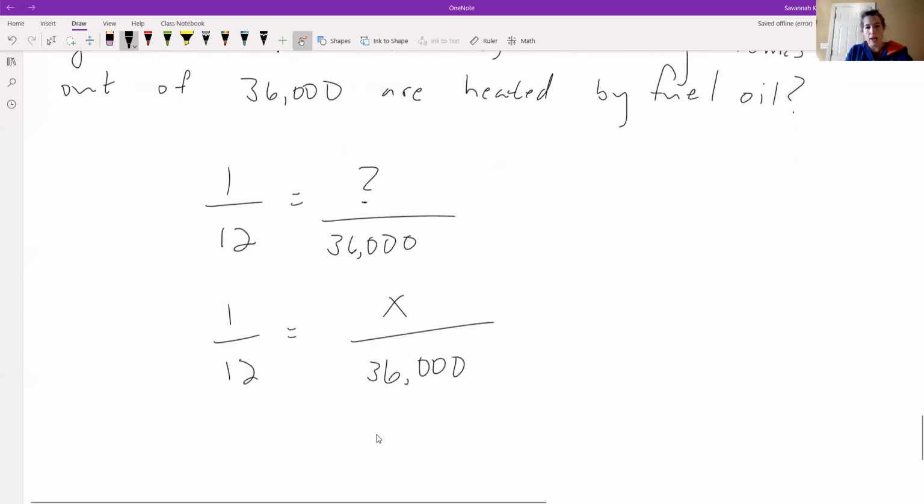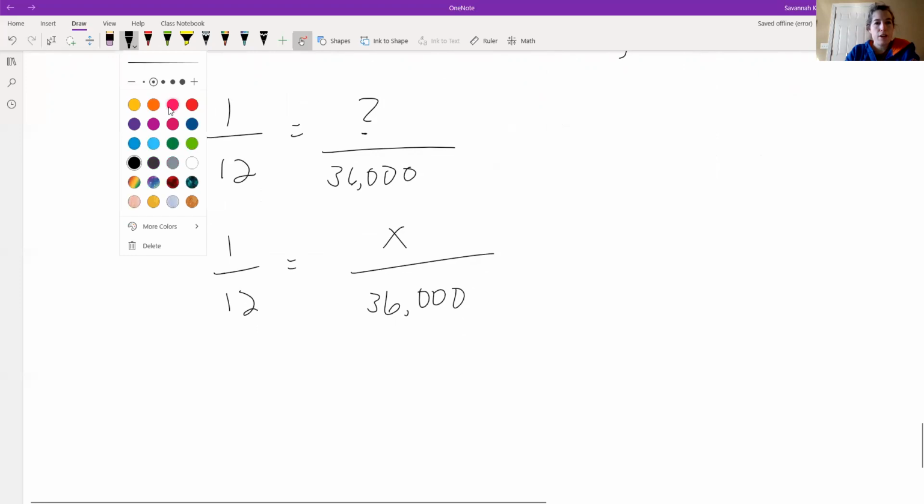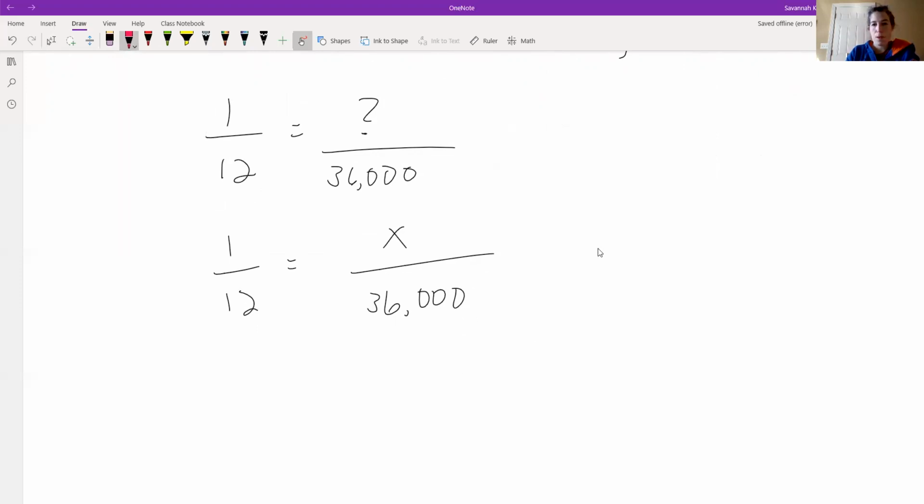The long way, because this is in the section about solving rational equations, the long way would be to find the LCD and to multiply through by it. So the LCD here is actually 36,000 because 12 divides into 36. So 12 definitely divides into 36,000.